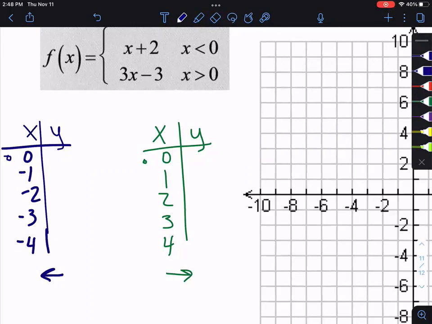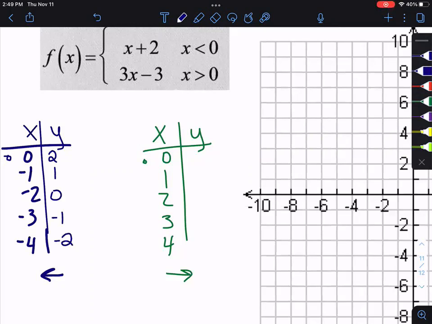If I plug in 0, 0 plus 2 is 2. Working my way down the list, negative 1 plus 2 is 1. Negative 2 plus 2 is 0. Negative 3 plus 2 is negative 1. And negative 4 plus 2 is negative 2.